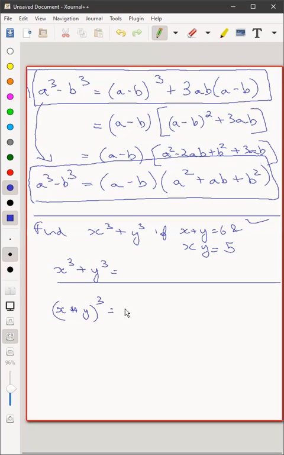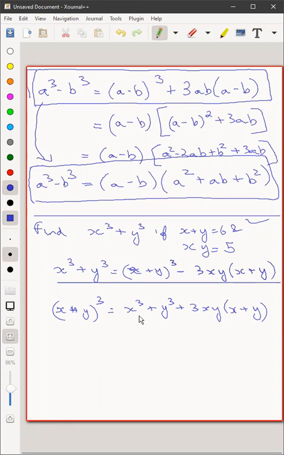Which will be x cube plus y cube plus 3xy bracket x plus y. Now do you remember this identity? x cube plus y cube is equal to x plus y the whole thing cube minus 3xy into x plus y. Yes, sir.